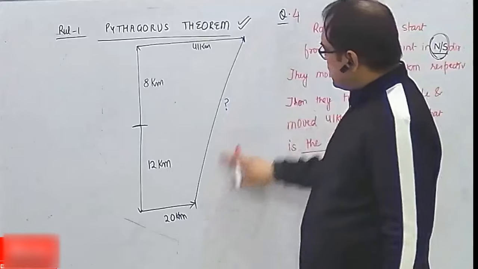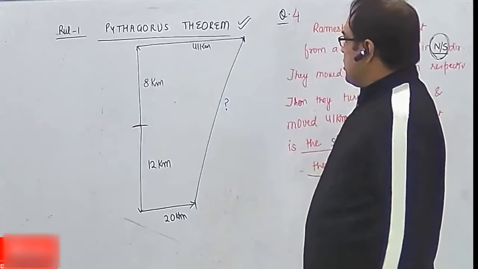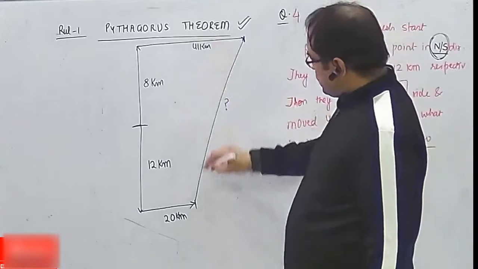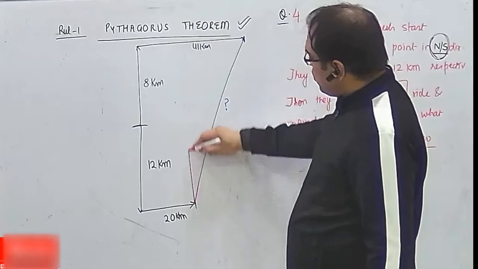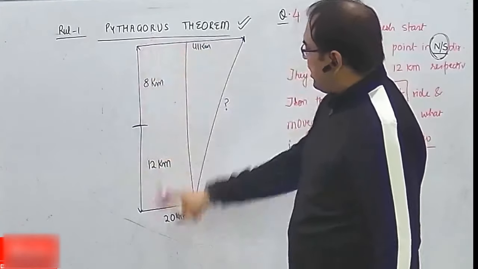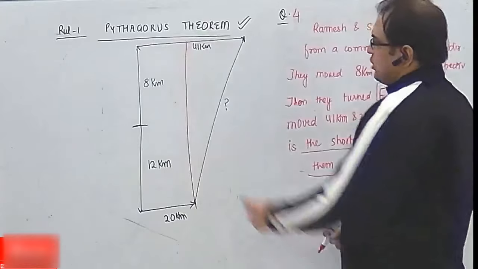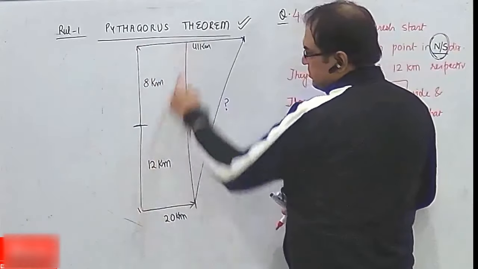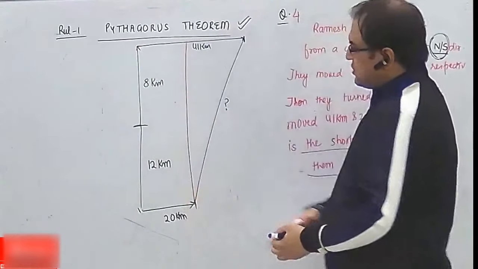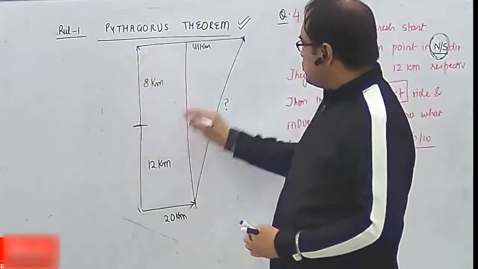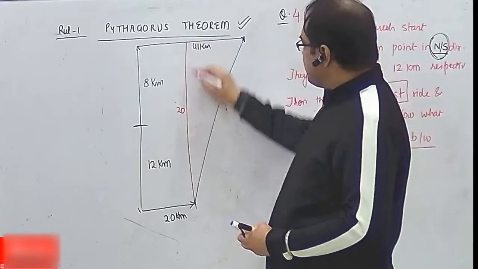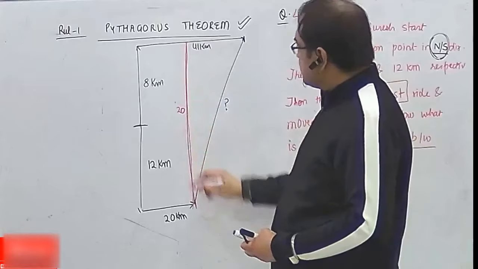This is the value that we are looking for. What we do is, we make a line parallel to this line. So if this is 12 and 8, this becomes 20, a parallel line.